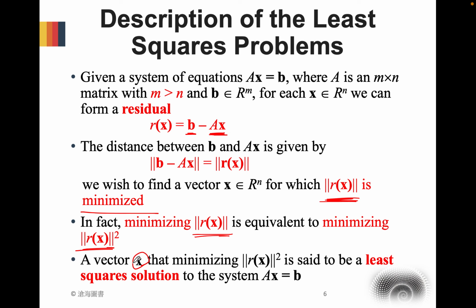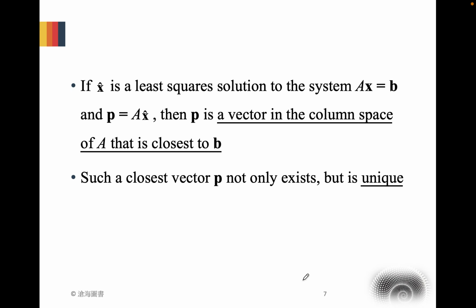We call this kind of vector x hat a least squares solution to this system. If x hat is a least squares solution to this linear system, and we let p equal Ax hat, then p is a vector in the column space of A that is closest to b.